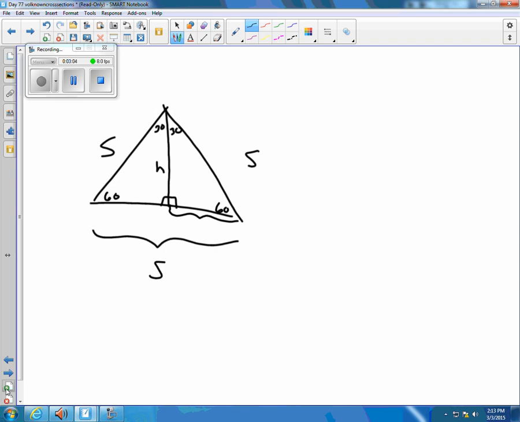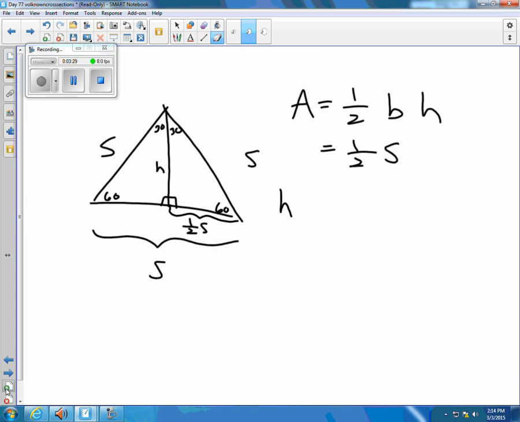We know that the length of this leg here would be 1/2 S. So we can solve for h, the height of this triangle, because the area of the whole equilateral triangle is 1/2 base times height, where the base is the side, but we need to know what the height is.